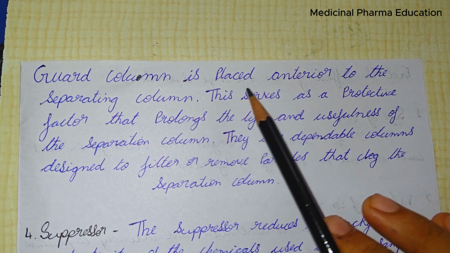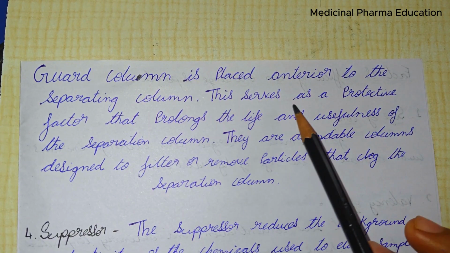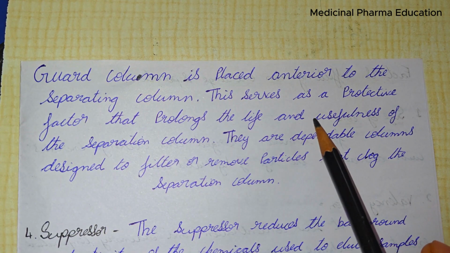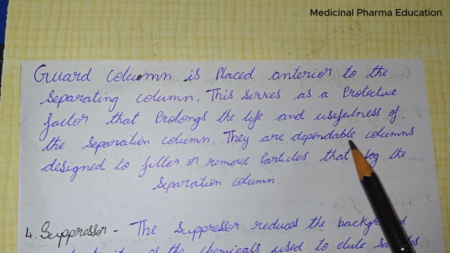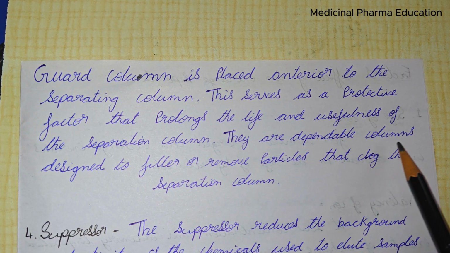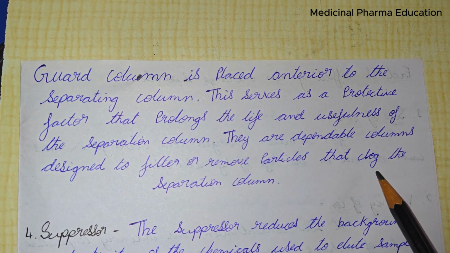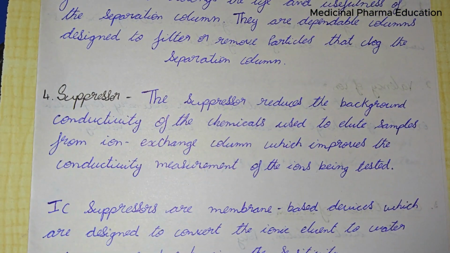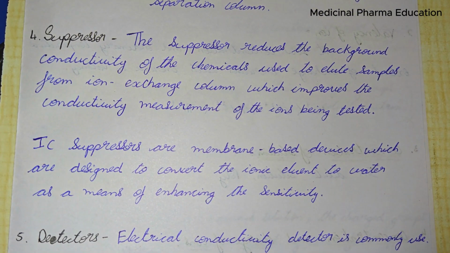The guard column is placed anterior to the separating column. This serves as a protective factor that prolongs the life and usefulness of the separation column. They are dependable columns designed to filter or remove particles that clog the separation column. You have read it. They are used to stop contamination.